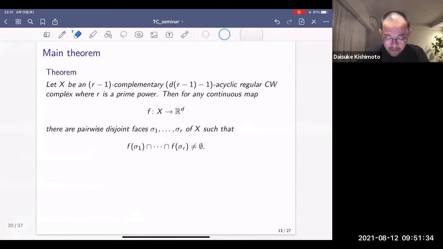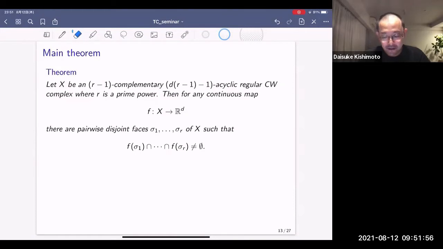Right. So now let me state the main theorem. Suppose you have an R minus one complementary, D times R minus one acyclic regular CW complex X. And we assume that R is a prime power.